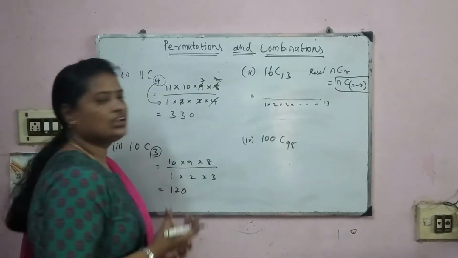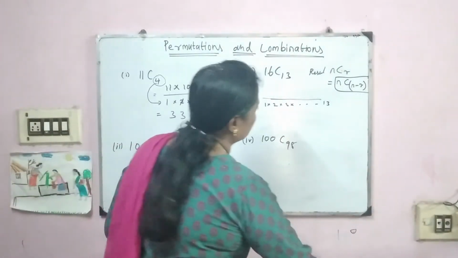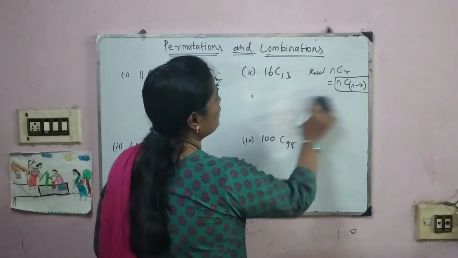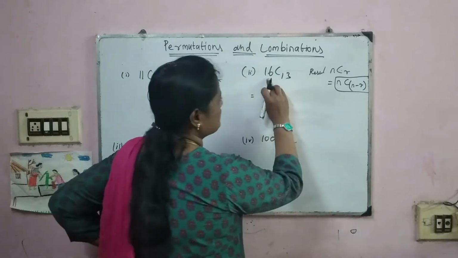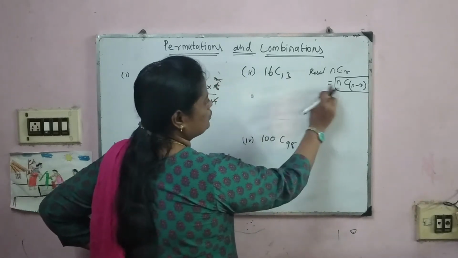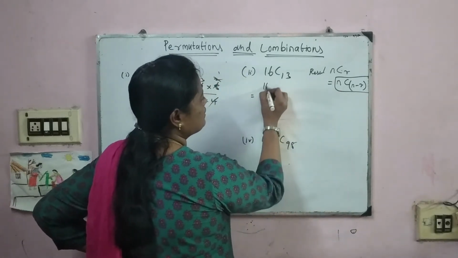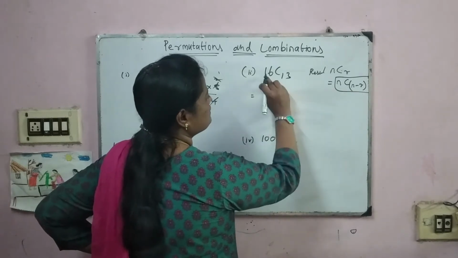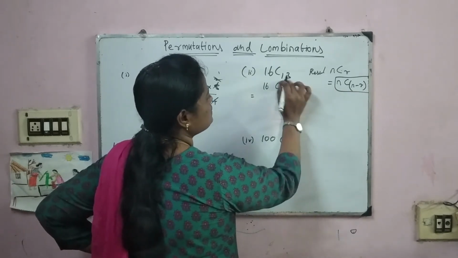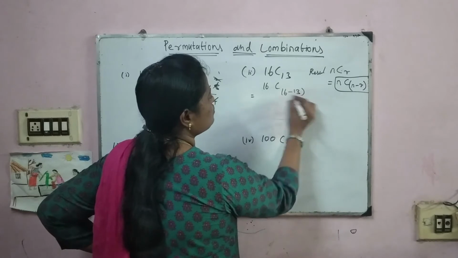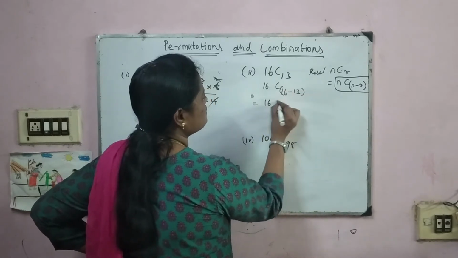It looks very large, so that's why we are going to apply this formula. Here the value of n is 16 and the value of r is 13. So n minus r is 16 minus 13, which is 3.